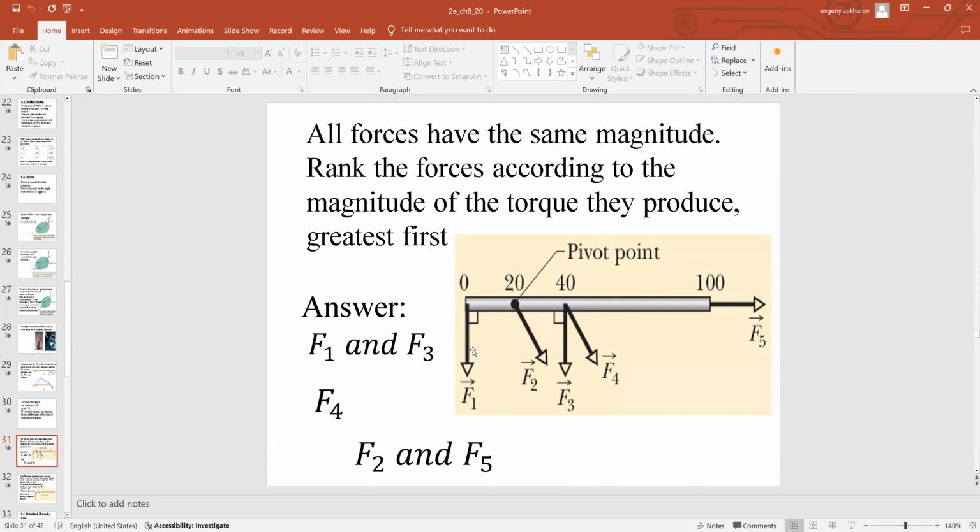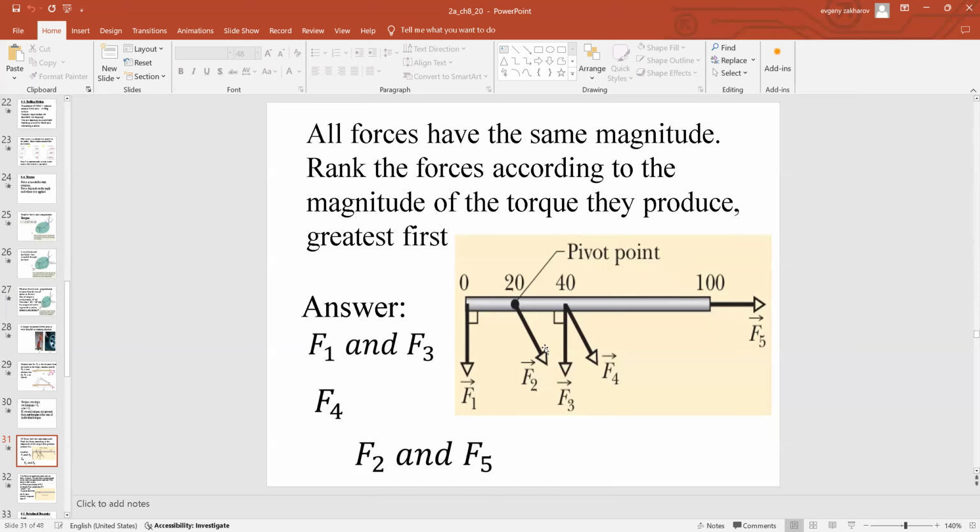The smallest distance between the line of action and axis of rotation is what? 20 units, from 0 to 20. That's 20 F sub 1, the value for the torque. Is that torque positive or negative? Well, rotation is going to be in the counterclockwise direction. So the torque from F1 is positive. Counterclockwise is positive.